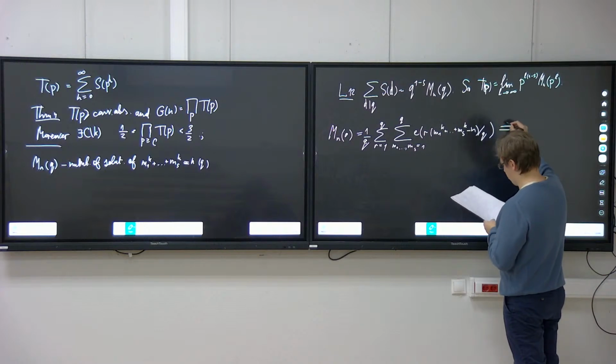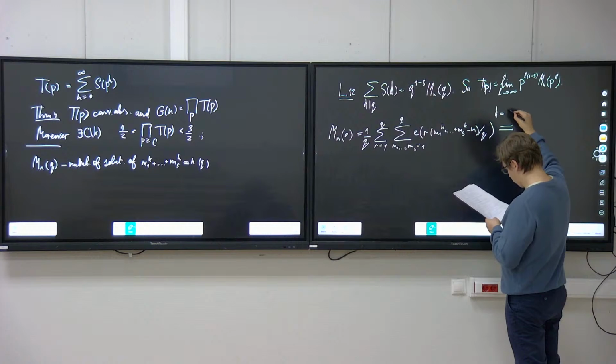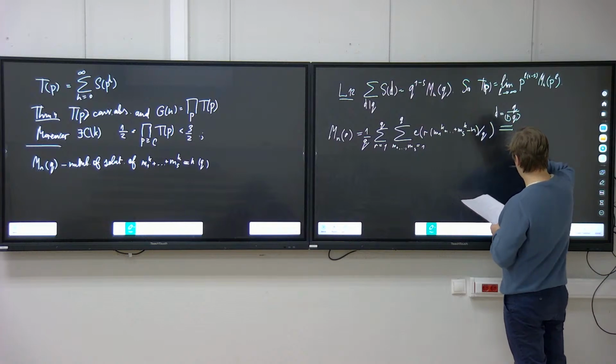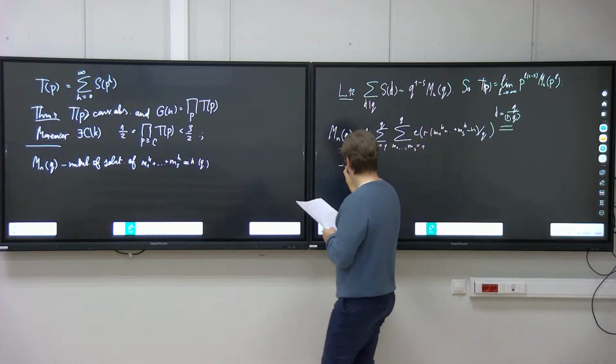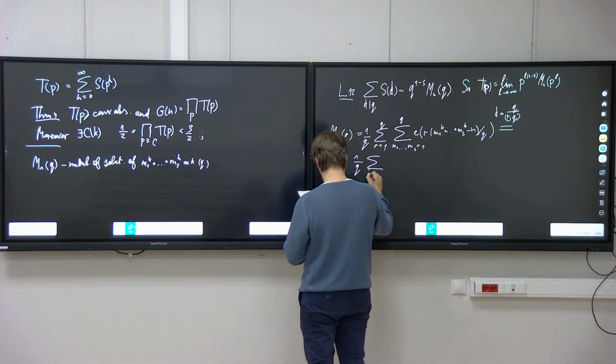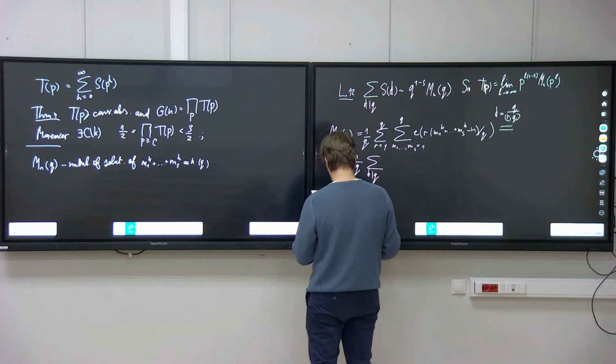And now let us take D to be q over the greatest common divisor of r and q. Then this is equal to 1 over q, sum over D divides q.